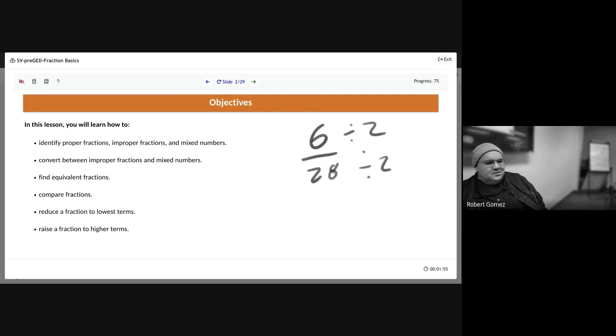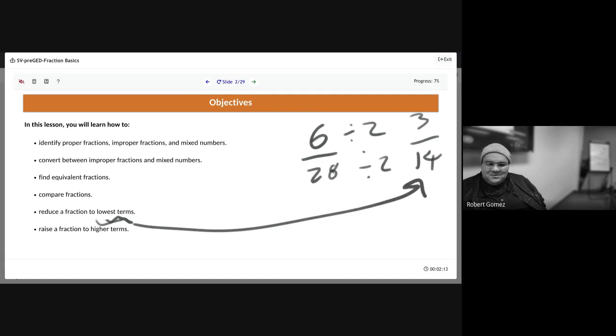If 2 doesn't work, then nothing might. 14? Yeah, it's going to be 3 and 14, right? So I would reduce this down to 3/14, and that's as far as we can go. This right here would be considered lowest terms.